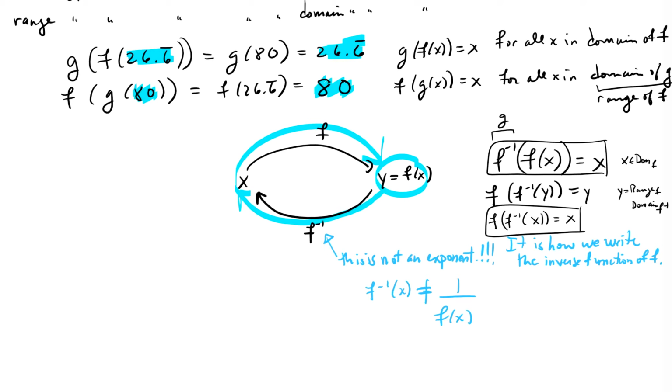And why do we write f minus 1? It's analogous to a minus 1 times a. It's analogous to something we have for exponents, where if you do a minus 1 times a, you're going to get back 1. So you get, in some way, the neutral element for multiplication.